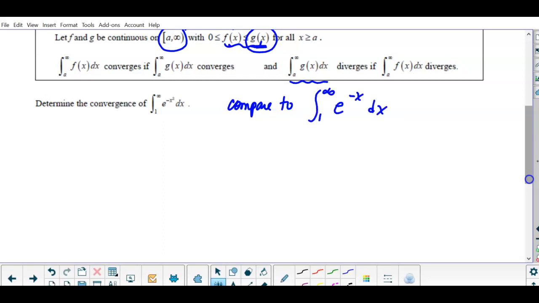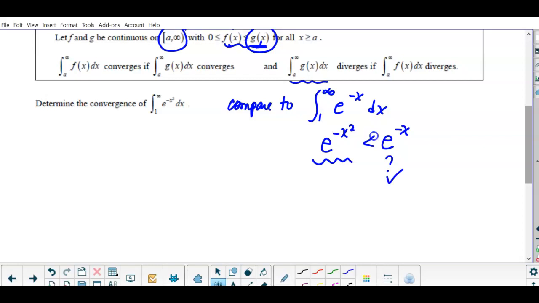Okay, now think about this. So e to the negative x squared is smaller than e to the negative x, right? And this is the one we want to find out if it converges. So if we can figure out if e to the negative x converges, if it does, then e to the negative x squared will converge.